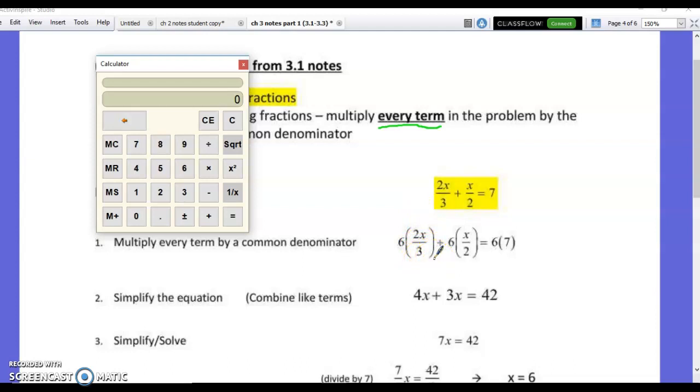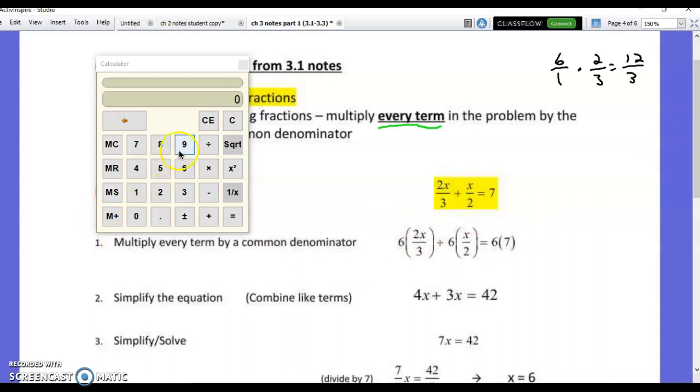Because if I think of how to multiply fractions, you multiply straight across, right? So a 6 is really 6 over 1 times 2x over 3, but I'm going to ignore that variable right now. So I do 6 times 2, which would be 12 over 3, and then 12 divided by 3 would give me my 4.